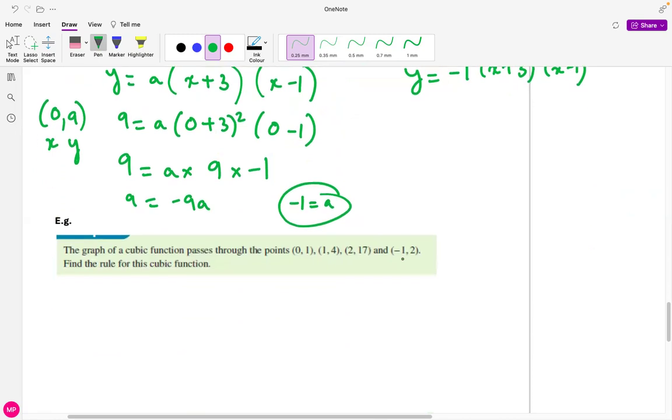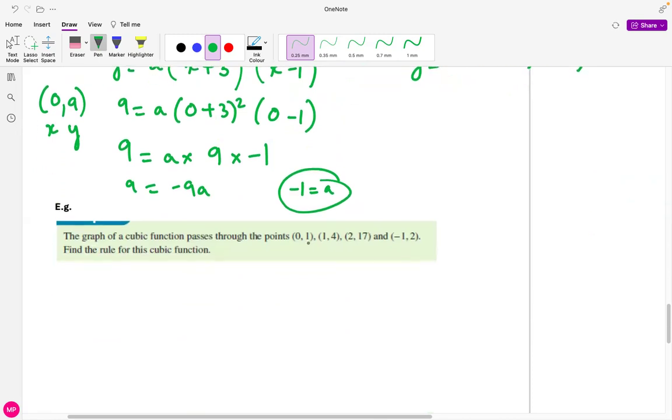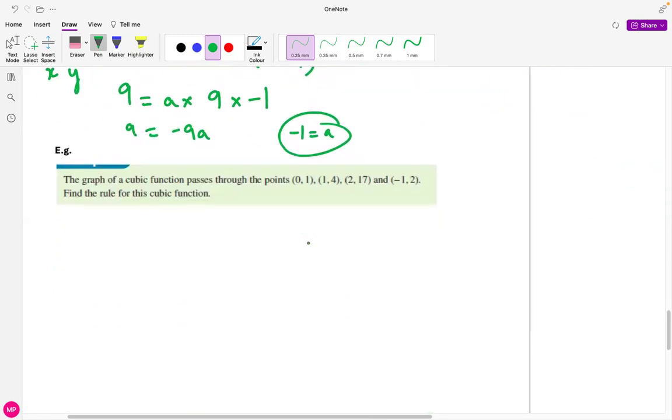And the last example is this one here, when they give you 4 random points and they want you to find the cubic. So your first step is you're going to call f(x), or just y = ax³ + bx² + cx + d.